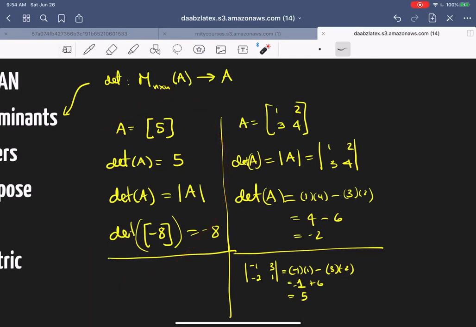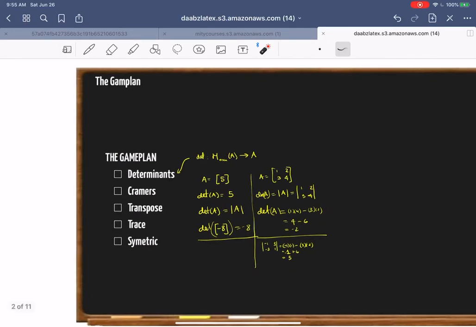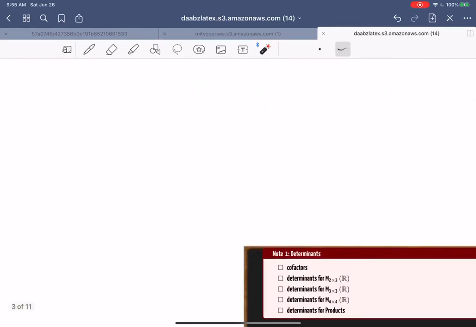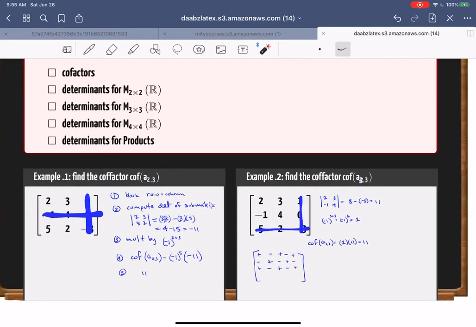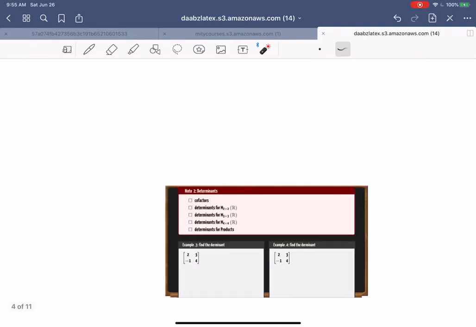All you do is just take the number. 2x2 is super easy. All you do is multiply the diagonals, subtract them. The first diagonal minus the second diagonal. So we didn't get to 3x3 matrices, but the 3x3 matrices will make use of this cofactor idea in a very neat way.